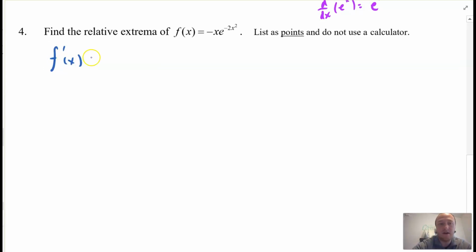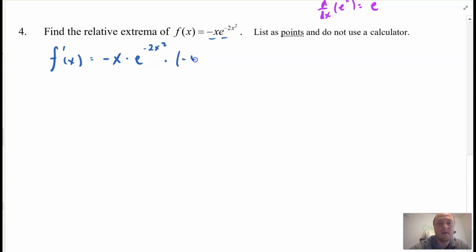So f prime of x, notice I have two pieces here. I have a negative x, and then I have an e to the power of negative 2x squared. So this is product rule, okay? So I'm going to take the first times the derivative of the second. So negative x times the derivative of the second, which is e to the power of negative 2x squared, times the derivative of the power.